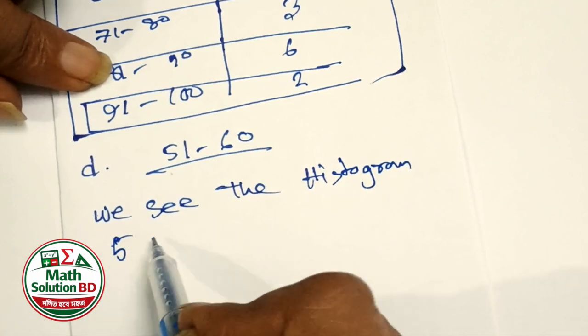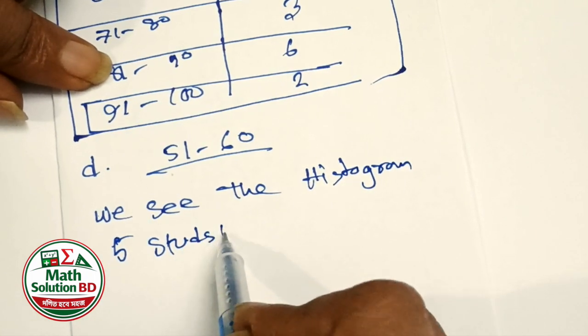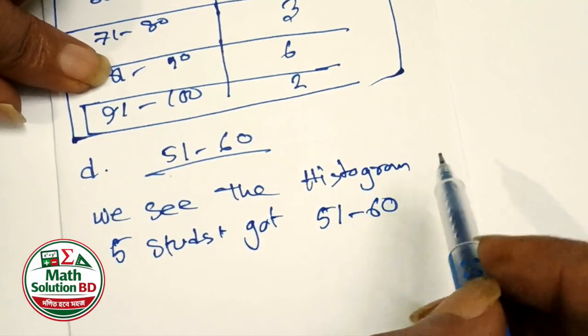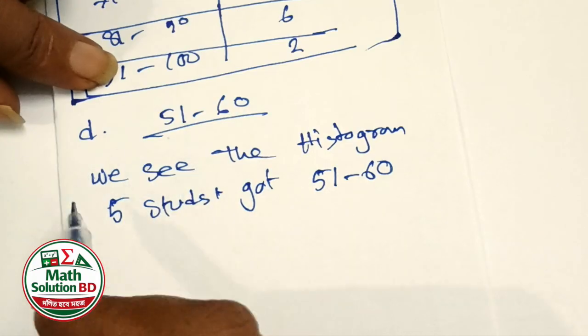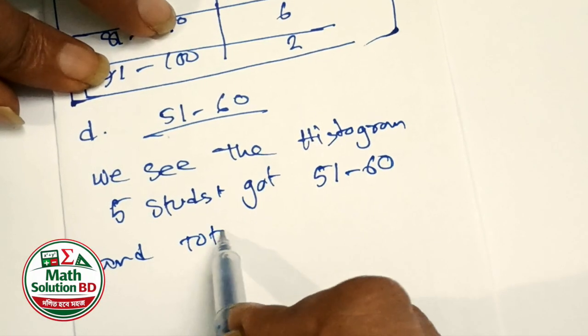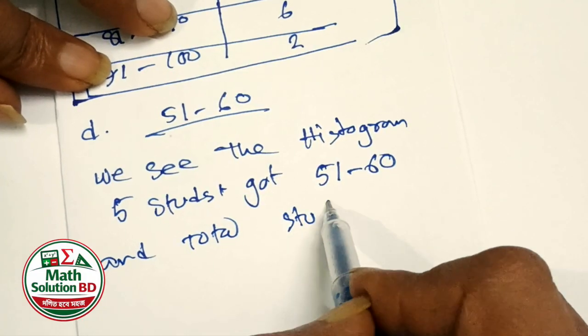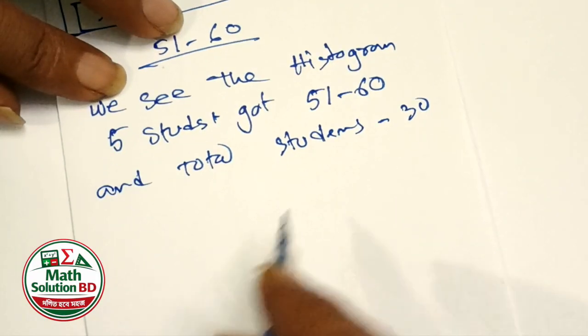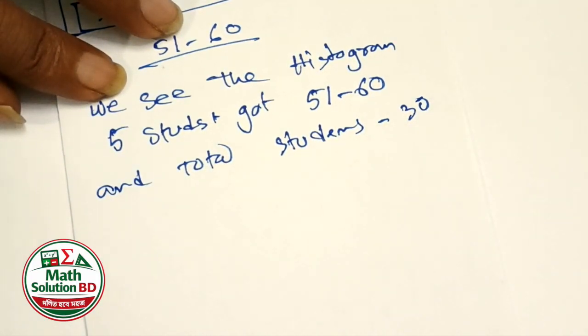5 students got 51 to 60. That means how many students? And the total students are 30. Okay.